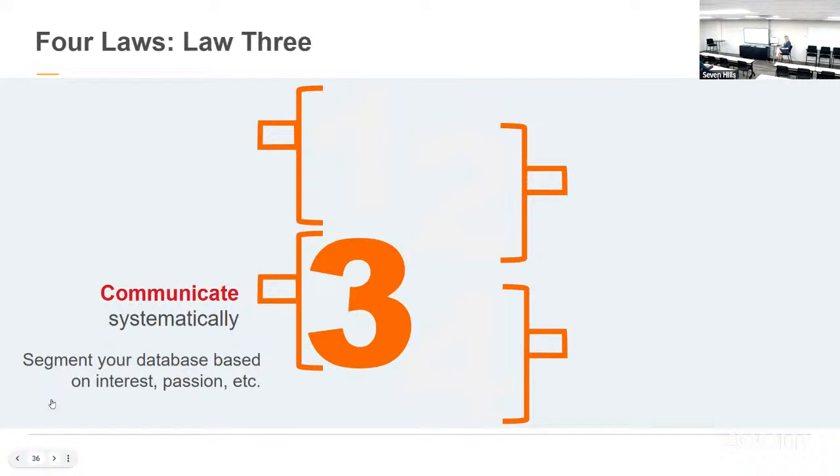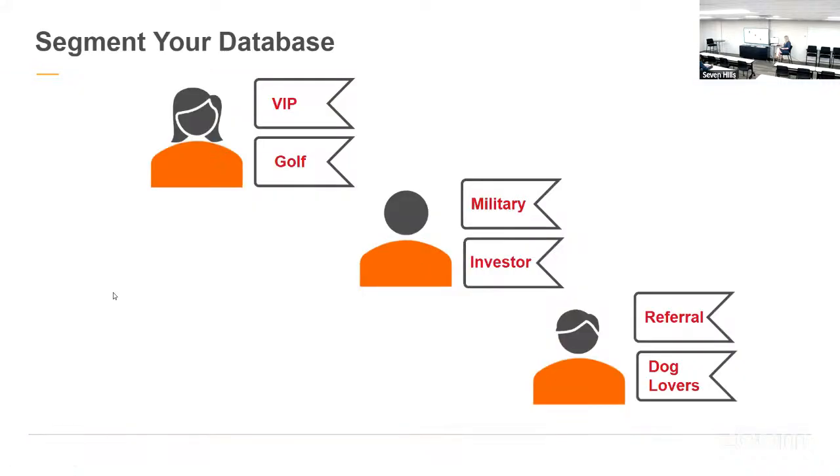So this is going to get more into segmenting your database, knowing people in your database who are military veterans. That's huge. Identifying veterans and connecting them to your lender that may have programs with VA loans. Definitely, that's huge. Understanding in your database who are investors.